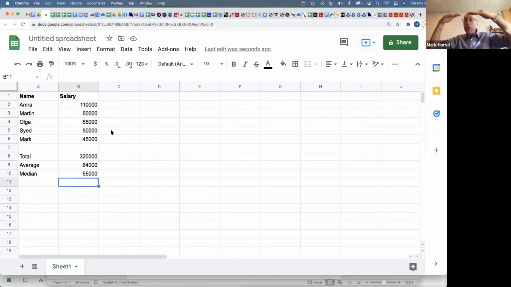If the average and the median are close, then the group of numbers is fairly close together. If the average and the median are very different, then you know that you have a number or a small group of numbers that's much higher or much lower than everything else, and it's a clue to ask more questions.